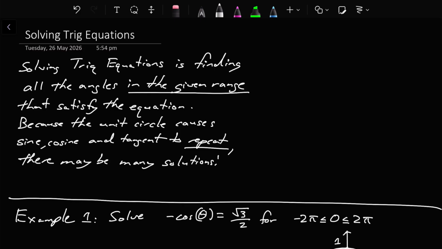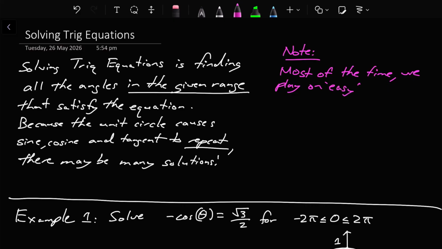Okay, now, just a little note. Most of the time, not all of the time, but most of the time, we play on easy mode and you will always use exact value triangles.